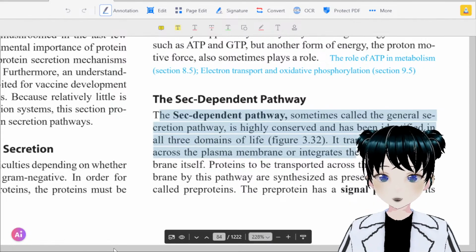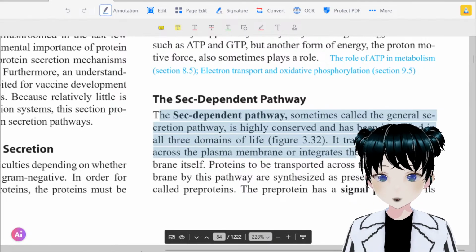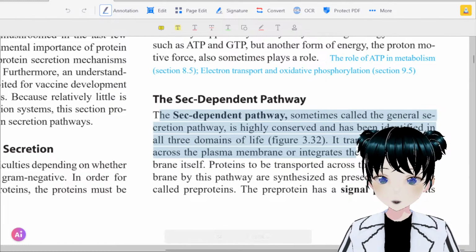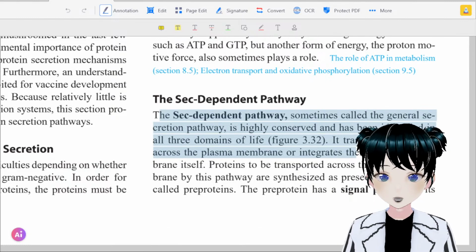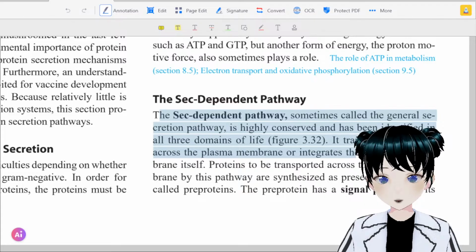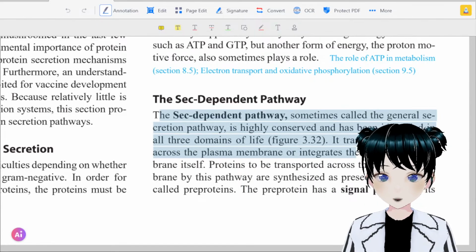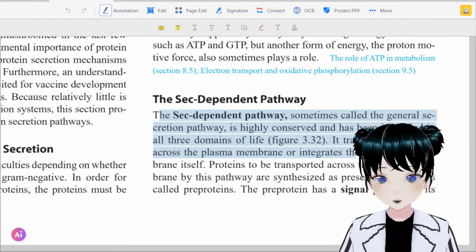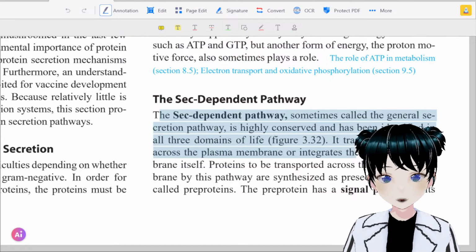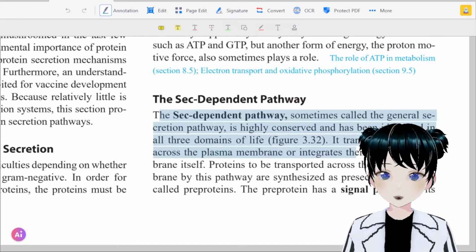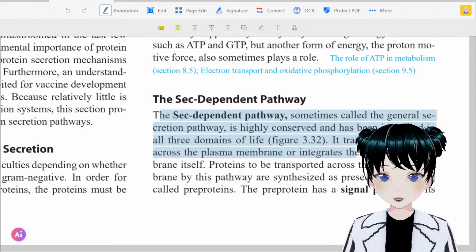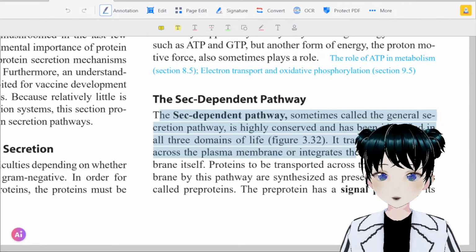Wait, let me search. What is the complete form of the sec-dependent pathway? I completely forgot. It was the name of some protein. Is it just simply secretion dependent?